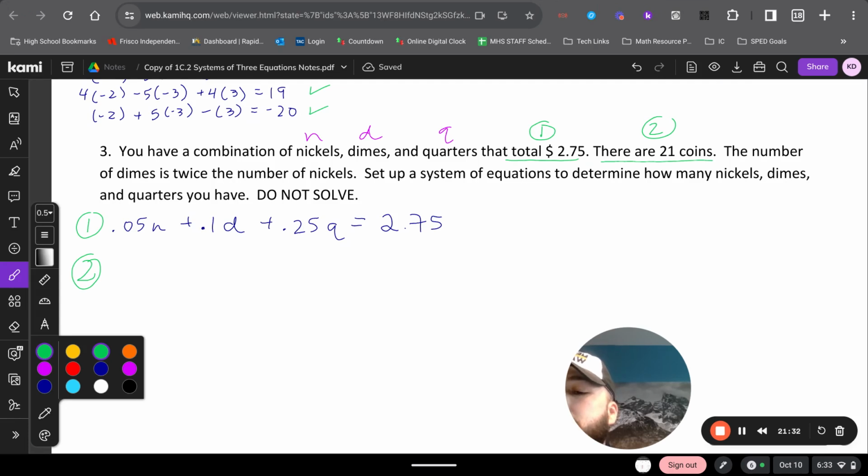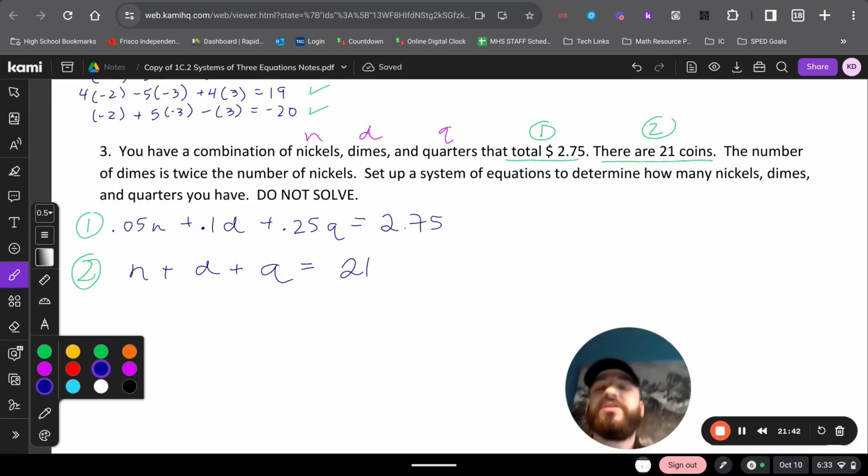So the number of nickels plus the number of dimes plus the number of quarters equals a total of 21 coins. So a little difference. First one is the cost of all the coins equals my total value. And then equation 2 is just the number of coins. So nickels plus dimes plus quarters equals the total number of coins.